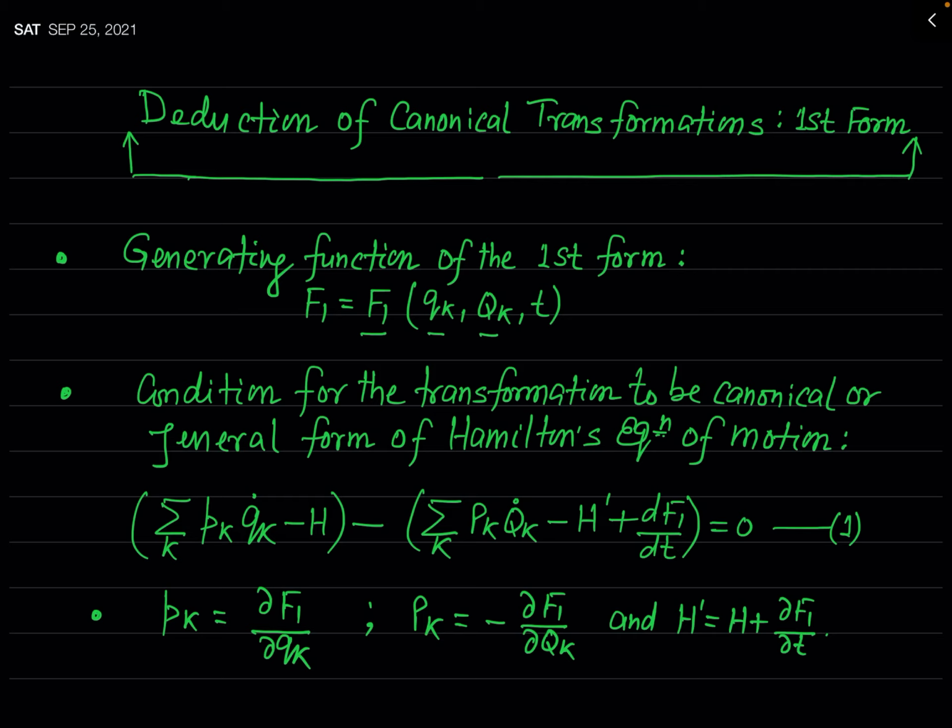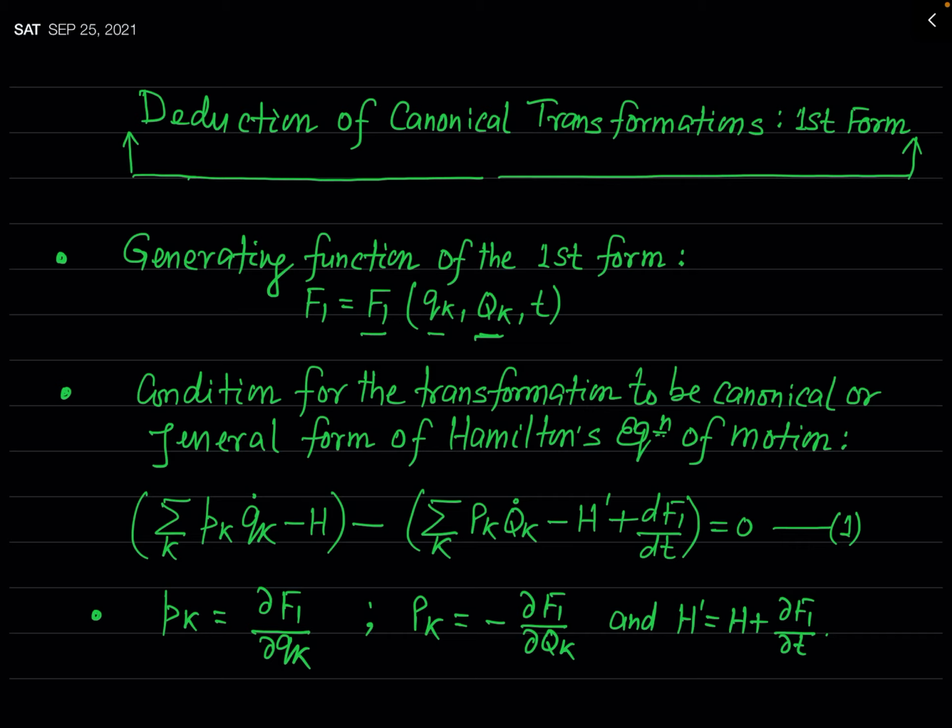It means the first generating function is a function of the position coordinate of the old coordinate system, the position coordinate of the new coordinate system, capital Qk, and time.